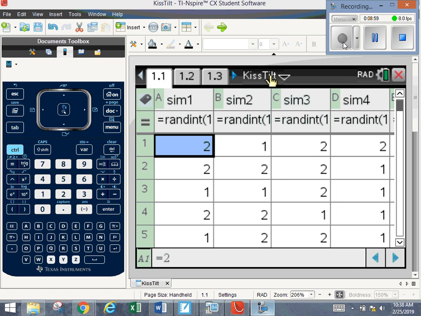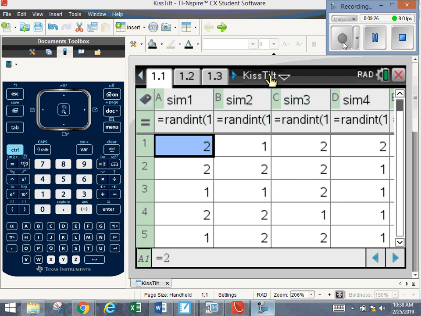If there is actually no preference, if people go either way, left or right, when they tilt their heads when they kiss, then you would expect that the proportion would be 0.5. The proportion of people tilting their heads to the right should be 0.5.